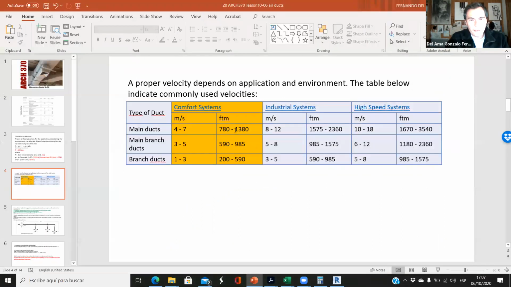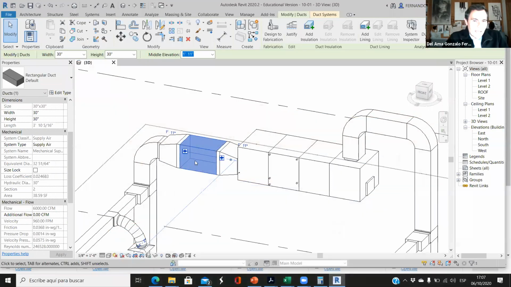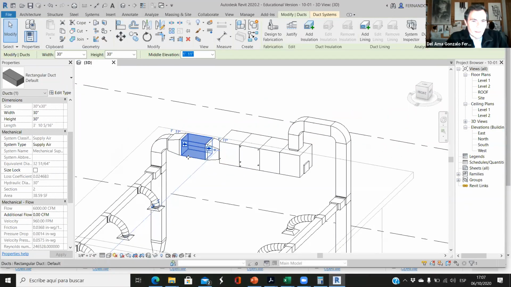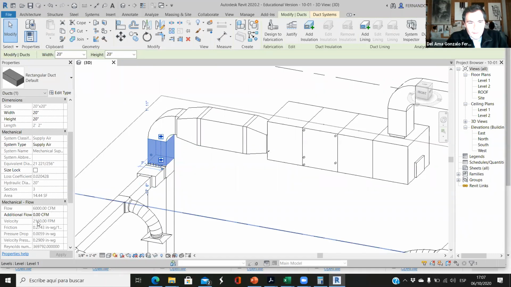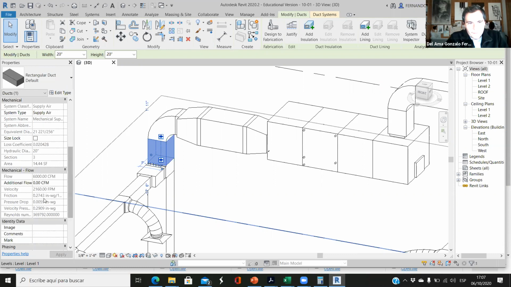It's 960, so it's between 700 and 1300. Perfect. So this duct should be 30 by 30. What's the problem here? Here we have the same flow. With this flow, again, the speed here is not good enough, as you can see. So that should be 30 by 30 as well.